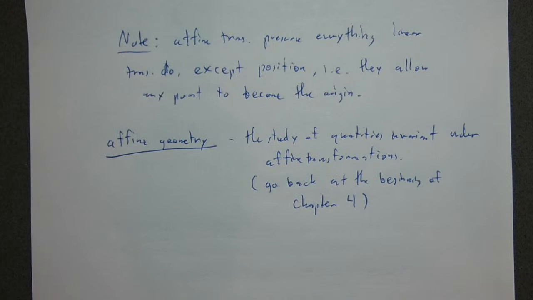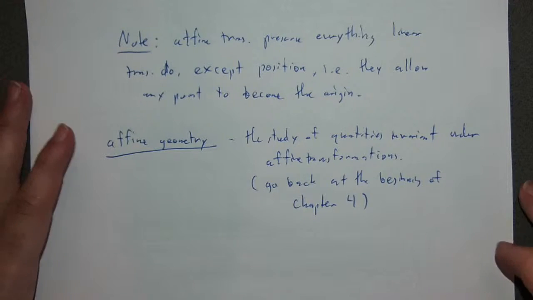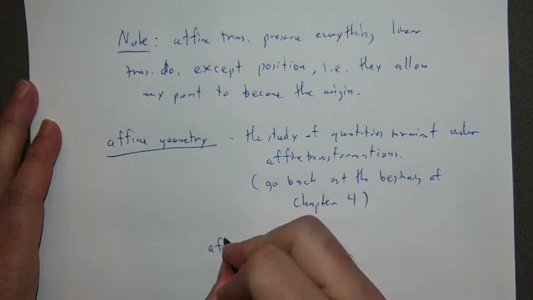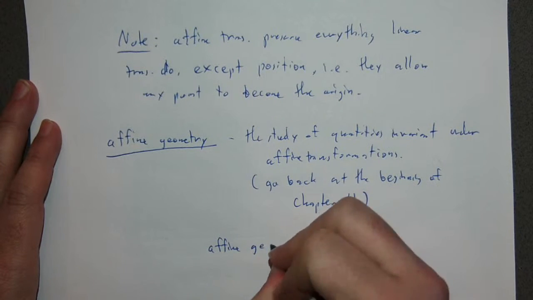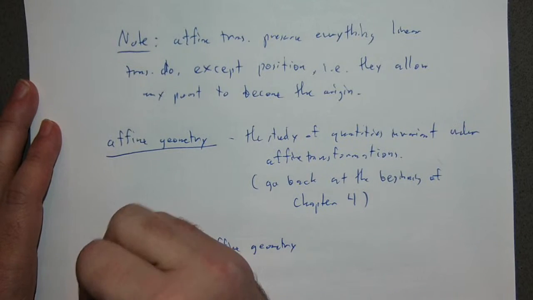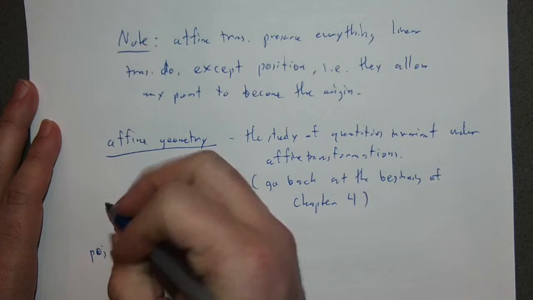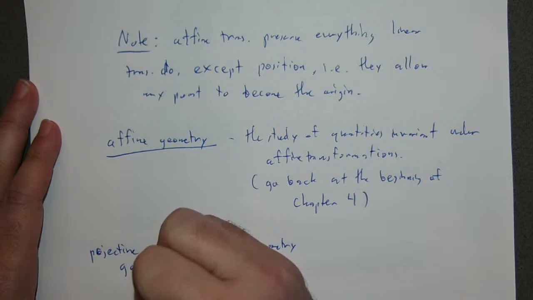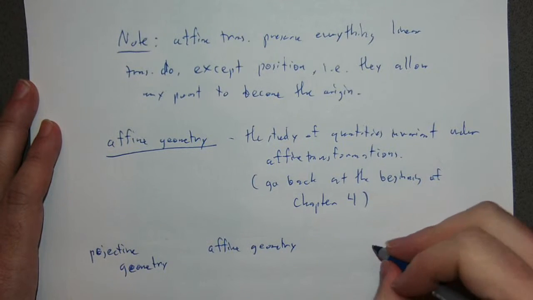All the isometries preserve parallelism, but affine transformations are like a midpoint. So maybe that's actually the best way to say this. So affine geometry is like a middle ground between projective geometry and Euclidean geometry.